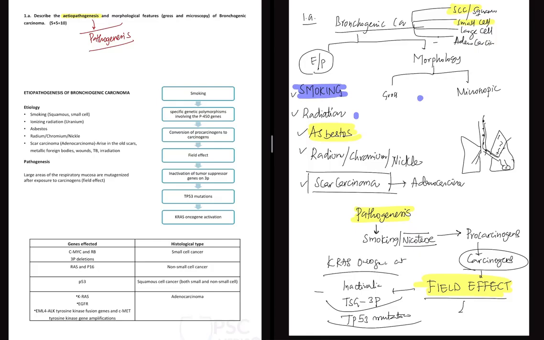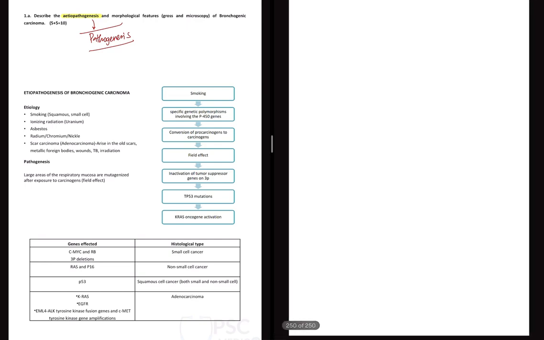So all these lead to the formation of cancer, or carcinogenic change, right? Done. So in each entity there are different varieties. As I said, you have small cell carcinoma, and you have non-small cell cancer, which includes all the rest of the varieties.